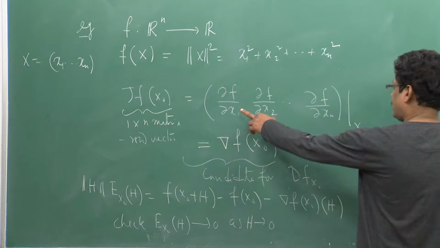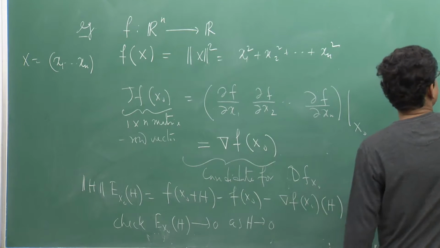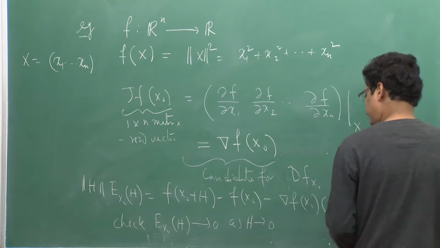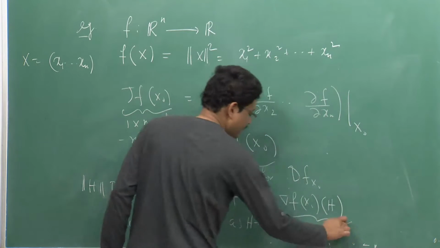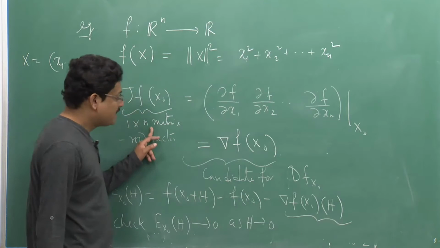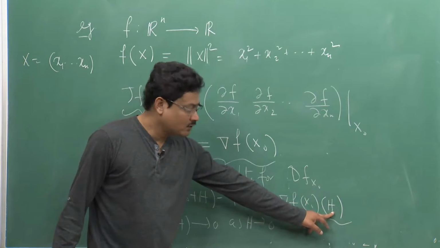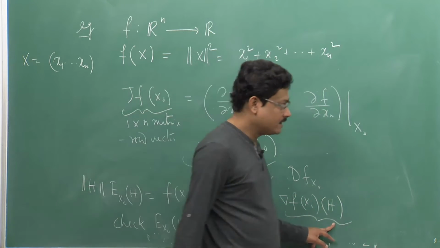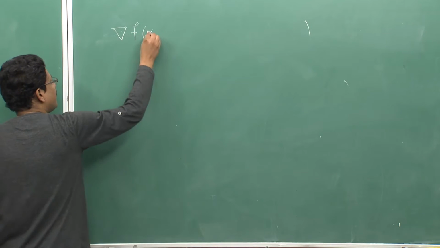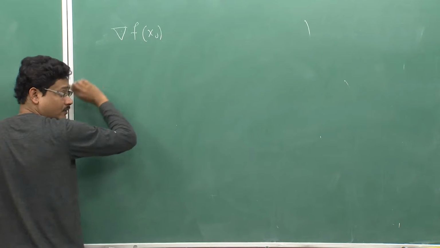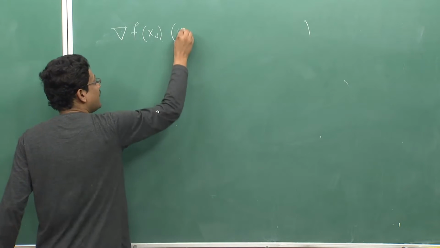That is, you can easily see this. Okay, first of all, what is this fellow? A 1 cross n matrix acting on an n cross 1 vector, that is actually an inner product. How does this vector act on h?